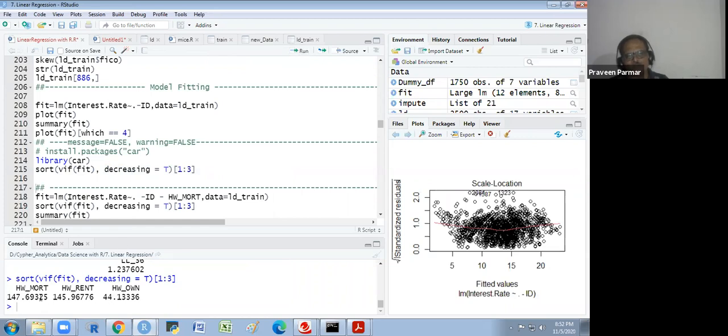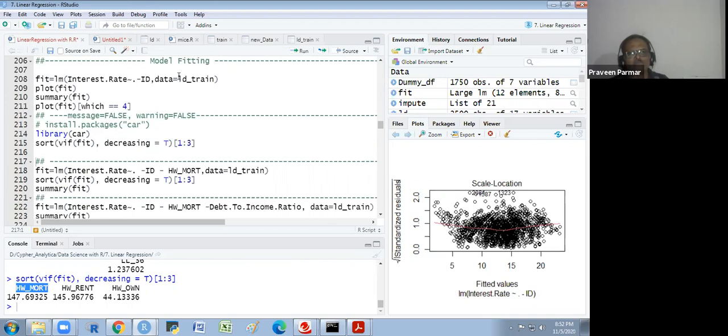The topmost one, I will remove this variable from my model. I will not include house mortgage. So I will write minus house mortgage here, but I am using separate syntax again because I have to explain.